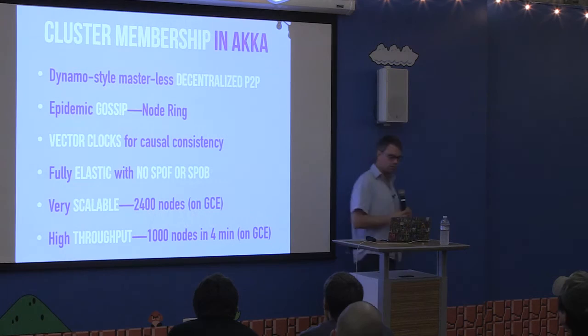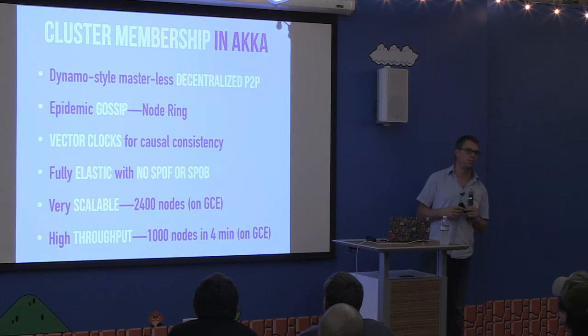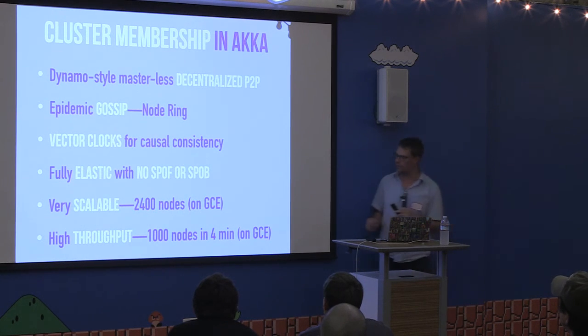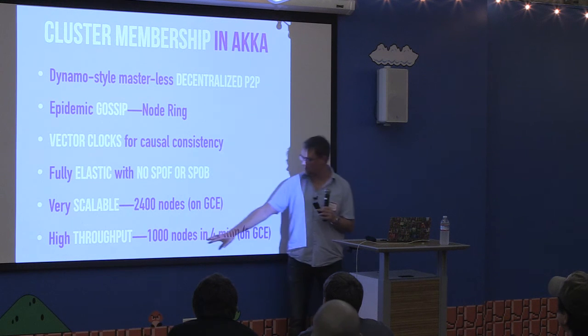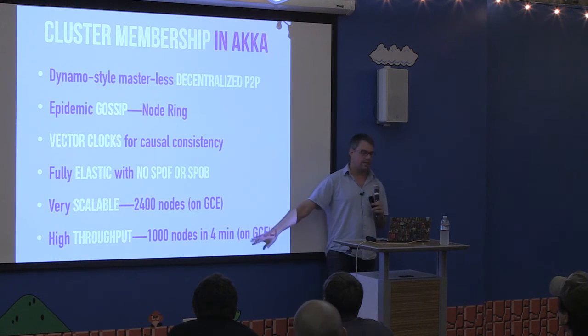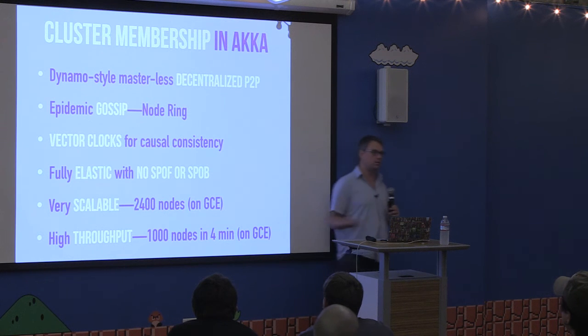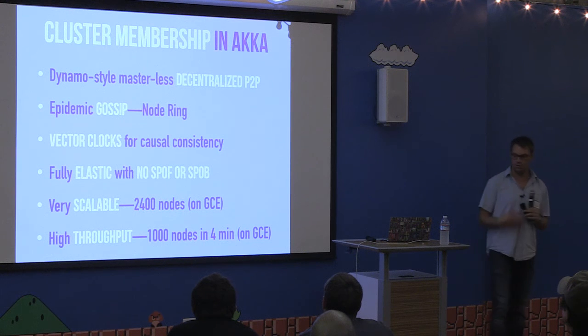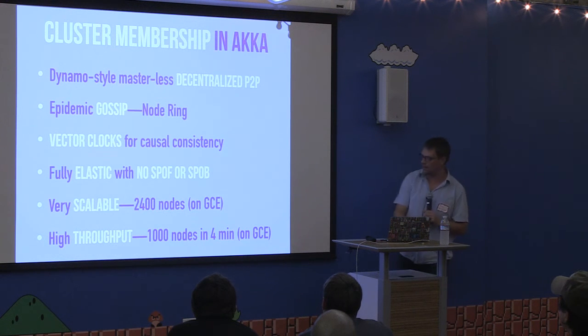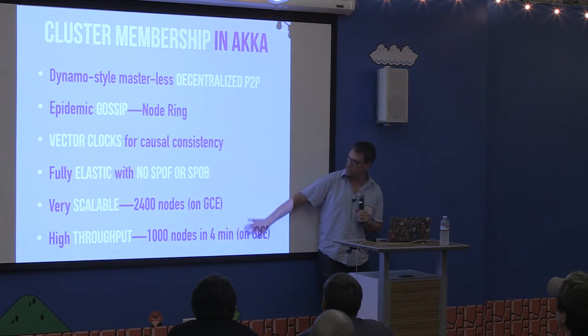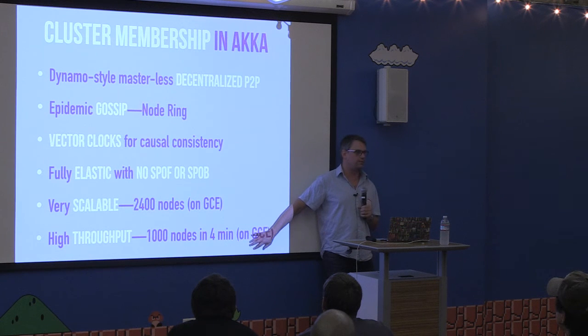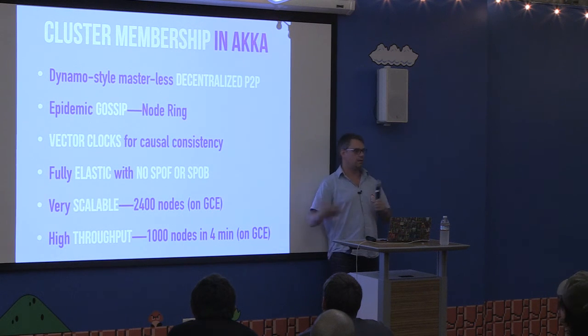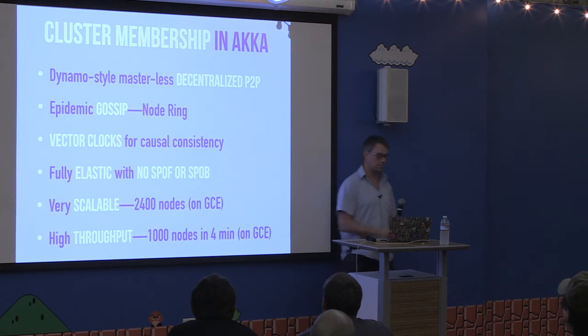We were running 2,400 nodes on Google Compute Engine, and even more interestingly, we were able to spin up 1,000 nodes in less than 4 minutes, and that includes all the virtual instances inside the Google Compute Engine. This is the time until we reach a fully connected, coordinated cluster.